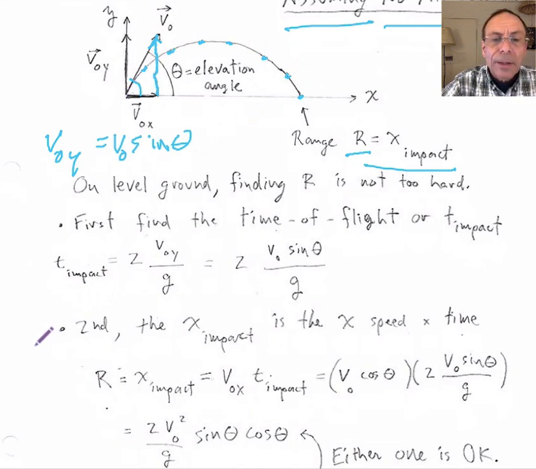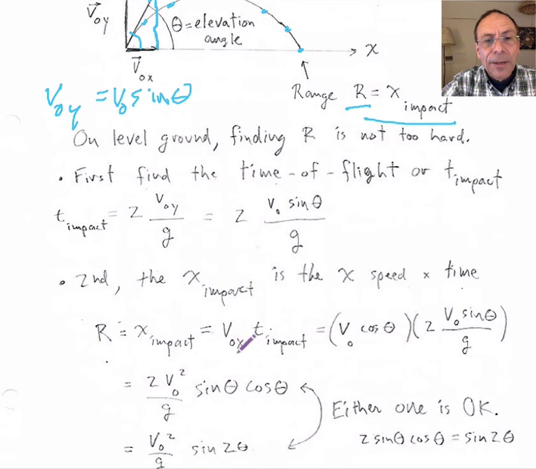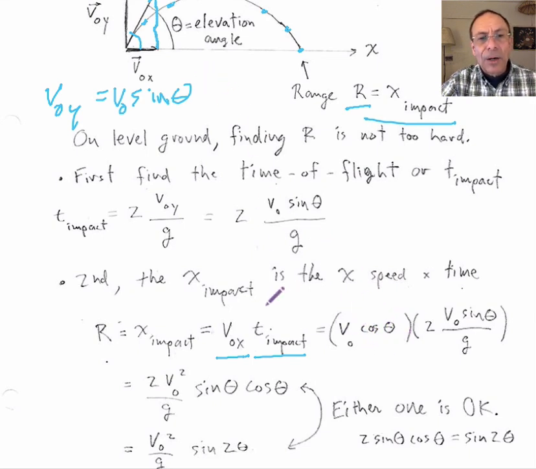Okay, so now we know how long it takes for it to go up and back down and hit the ground. Now the range, or the x impact, is going to be given by the velocity component in the x direction times the time that it's flying. And now v0x is given by v0 cosine of theta, right? So let me change color to make it clear. So we're talking about this velocity component right here.